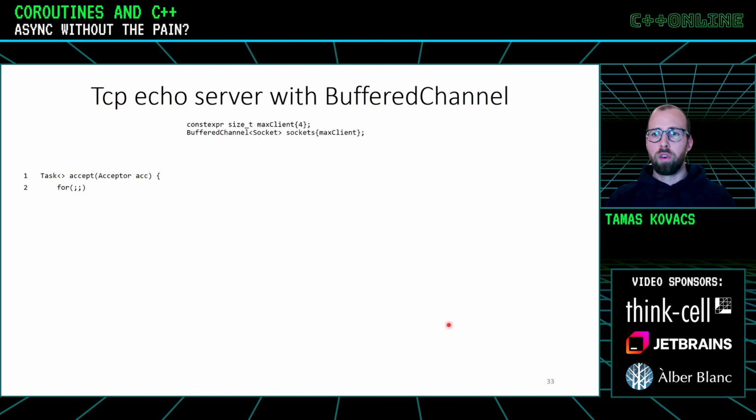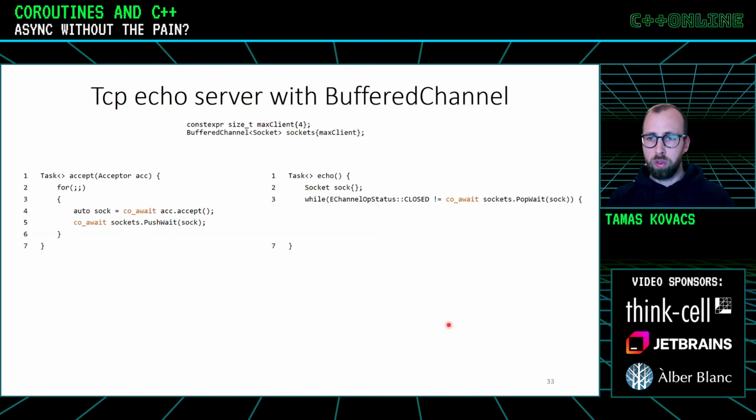It waits for incoming connections using co-wait accept. Once a connection arrives, it pushes the socket into our buffer channel. And that's it. On the other hand, we have our echo coroutine task, which acts as a worker.